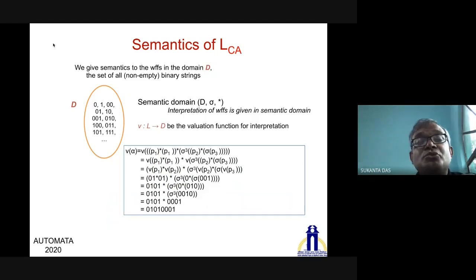Well, let me do that one. Here V of alpha is the valuation of the whole formula. Then I have applied V. In this way, I can get V of P1 star V of P2, again sigma cube V of P2, and so on, applying the rules systematically. Substituting V of P1 and V of P2, I get this one, and finally I reach V of alpha equal to 01010001.